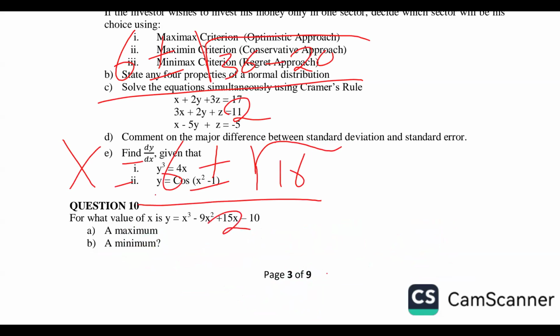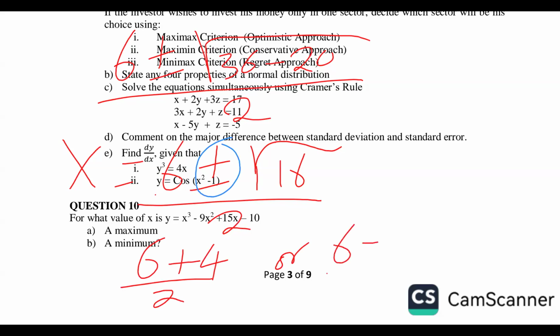So we have two values of x, because there are two signs: one carries positive, the other negative. So you have 6 plus the root of 16, which is 4, divided by 2. The other one will be 6 minus 4 divided by 2. 6 plus 4 is 10, and 10 divided by 2 is 5, so x is equal to 5 here.